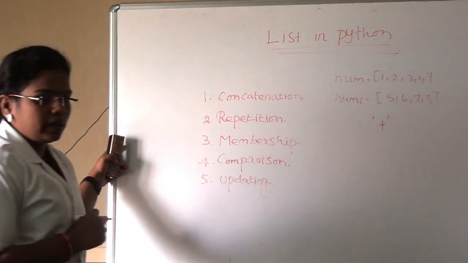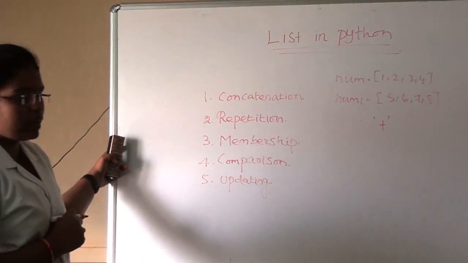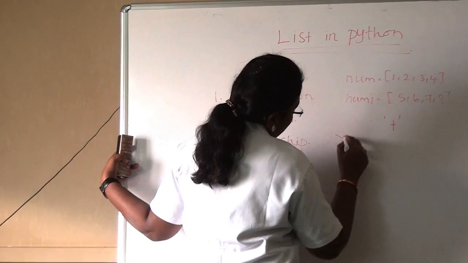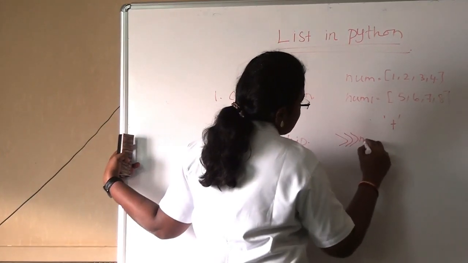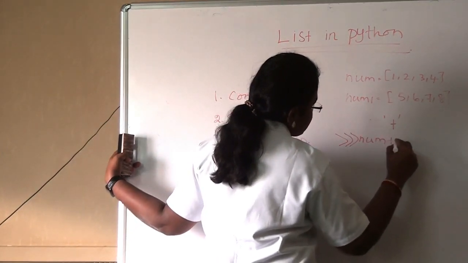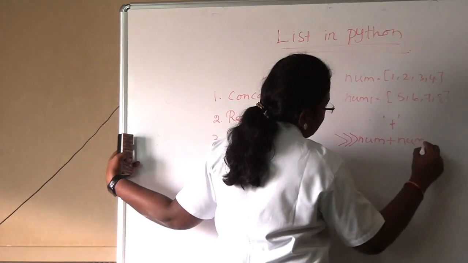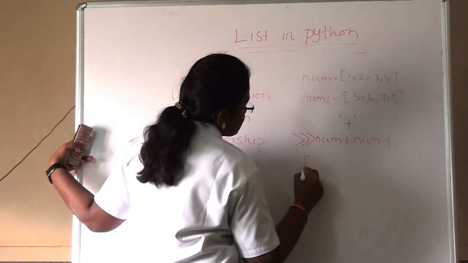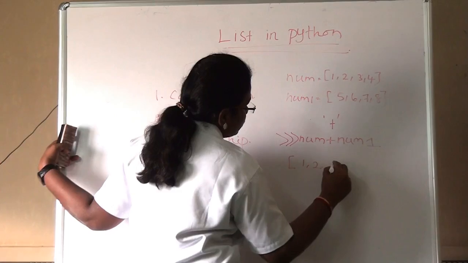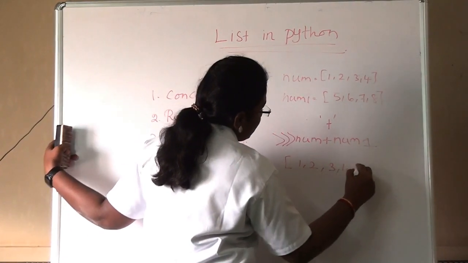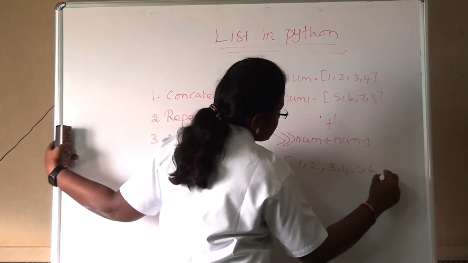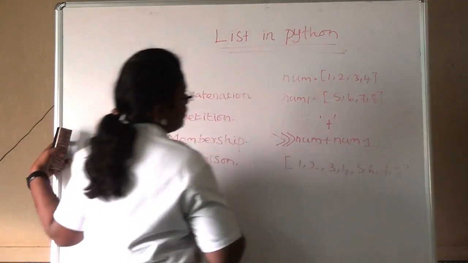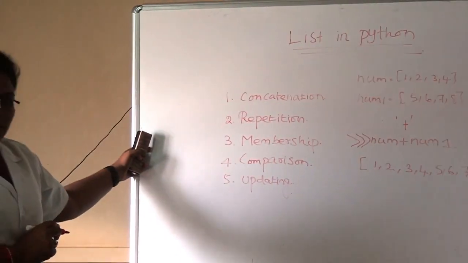The plus operator you can use for concatenation. So the syntax is num plus num1. So the answer is 1, 2, 3, 4, 5, 6, 7, 8. That is the first operator, concatenation.